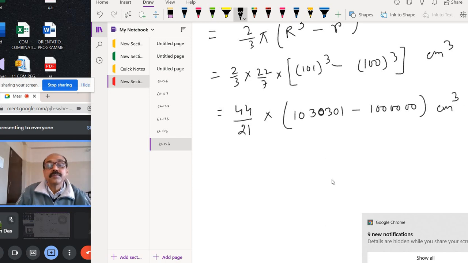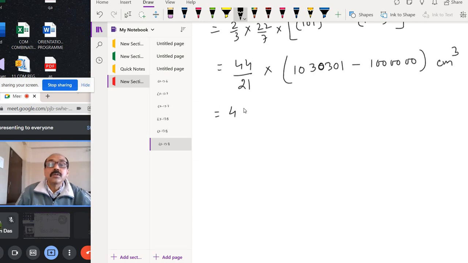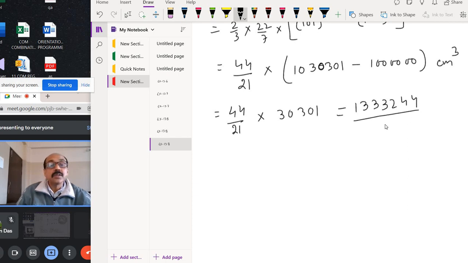Now 44 by 21 into this minus this equals 30301. This multiplied by 44 equals 1,333,244 divided by 21.